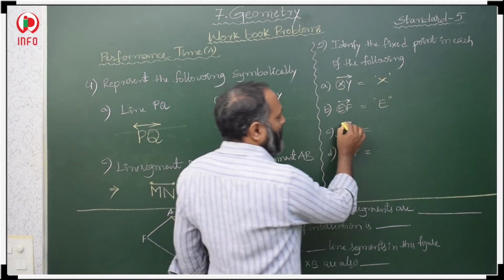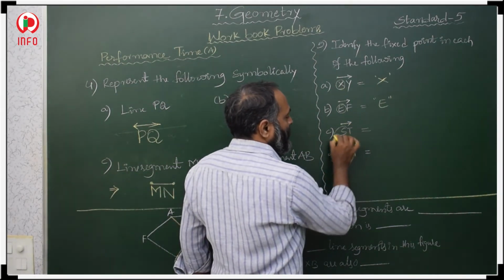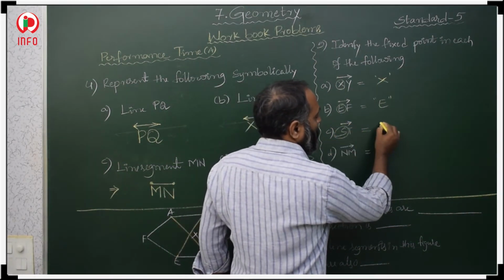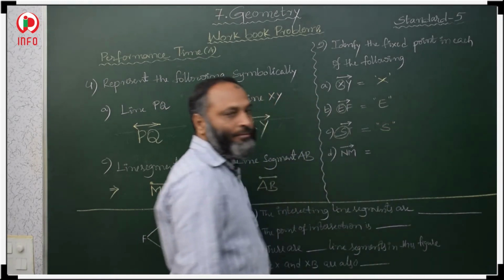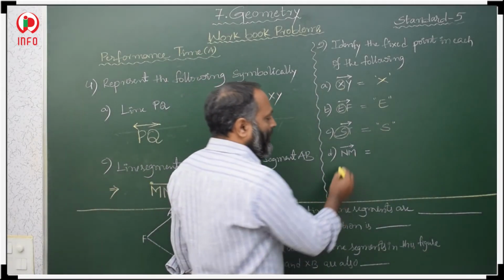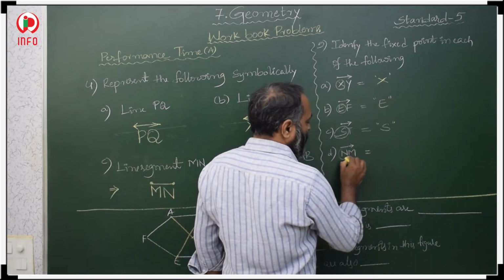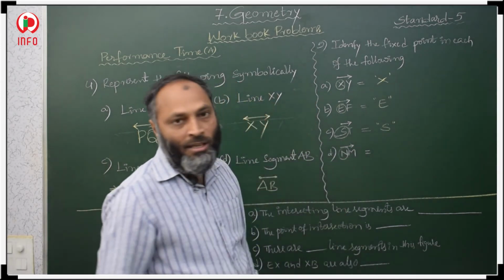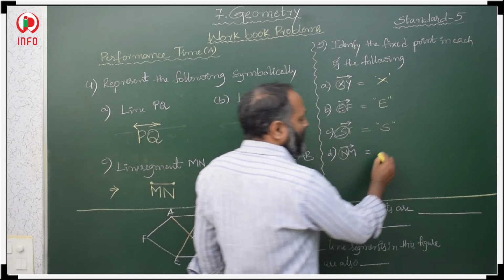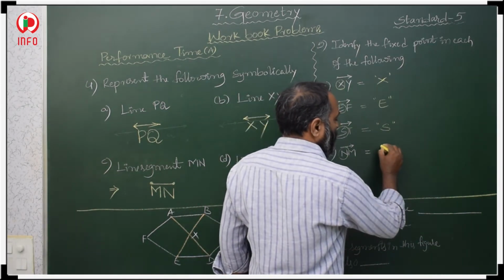And in ray ST, S is the starting letter, so that is the fixed point. Then ray NM. In this, what is the first alphabet? N. So that is the initial point.